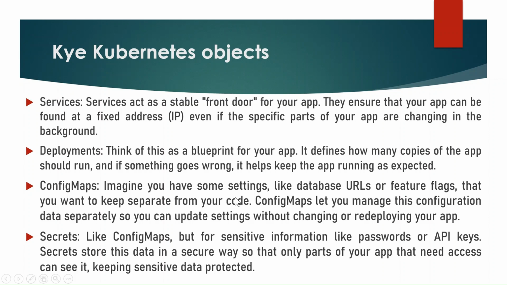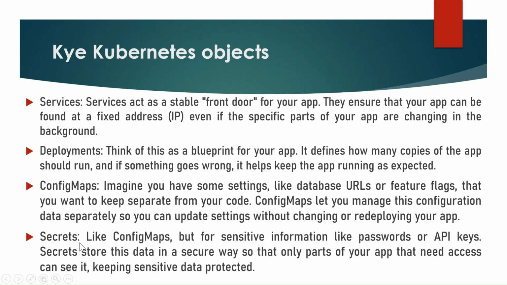The next one is ConfigMap. Imagine you have some settings like database URLs or feature flags that you want to keep separate from your code. ConfigMaps let you manage this configuration data separately, so you can update settings without changing or redeploying your application.